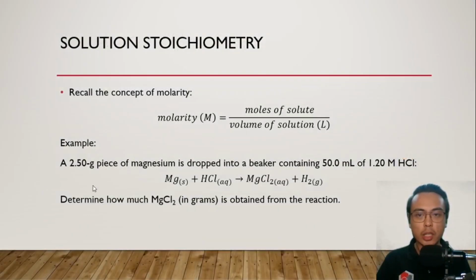Let's take a look at the numerical given. We have 2.5 grams of magnesium. And for HCl, you have two parameters given here, the volume of the solution and the molarity of the solution. Both of these numbers are very important because you want to determine the number of moles of your solute, in this case HCl.